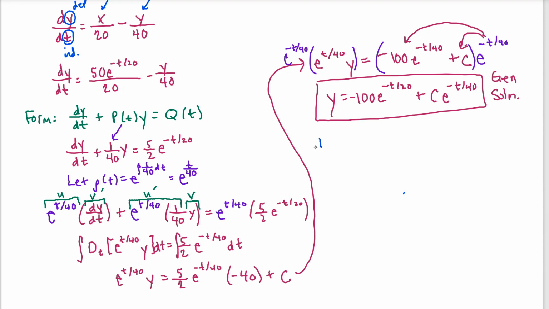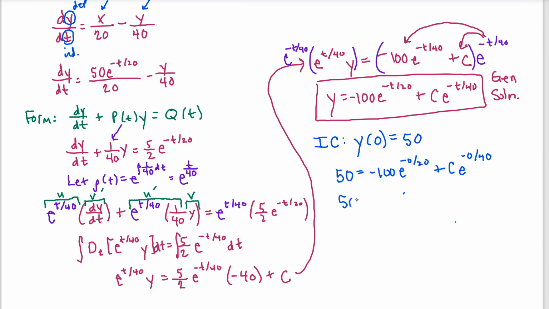Like for tank 1, we were told in the information presented in the problem that the initial amount of salt in tank 2, at the very beginning, was also 50 pounds. So I'm going to apply this to our general solution. That is, we're going to plug 50 in for y, and we're going to plug 0 in for t, and see if we can solve for c.